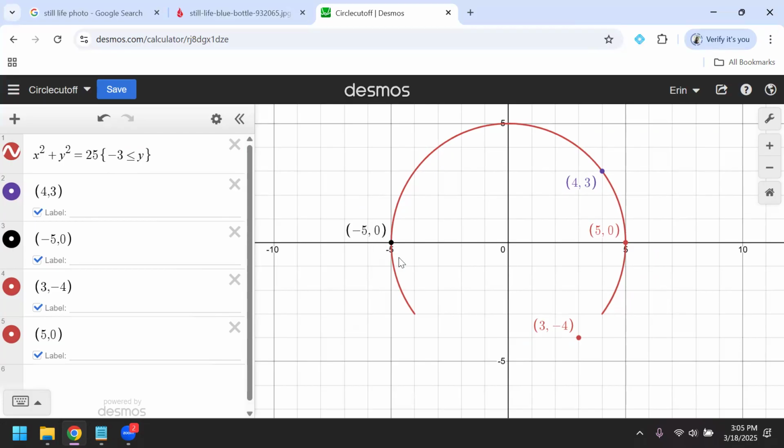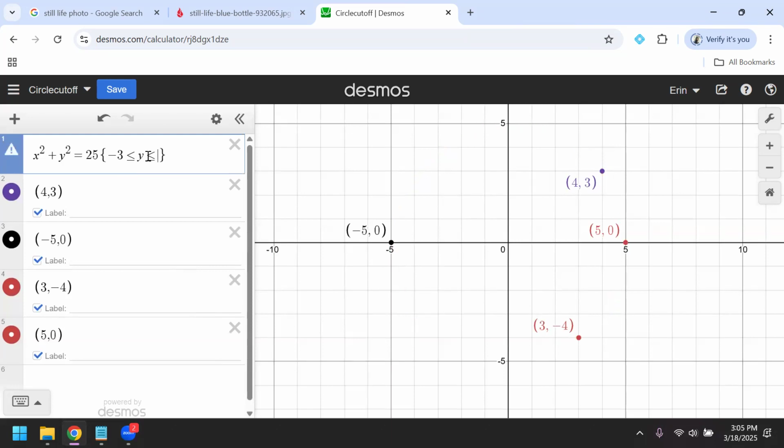Well, here the y coordinate in this point is 0. 0 is bigger than negative 3. So this point is still on the part that's graphed. This point, though, isn't, because negative 4 isn't bigger than negative 3. Negative 4 is less than negative 3. So by using these inequalities, we can cut off pieces of our graphs. And this is going to be really, really useful for our project.